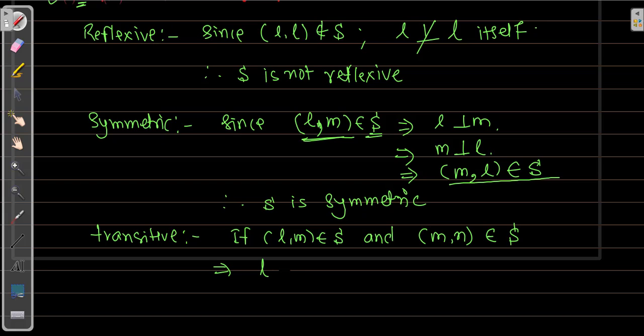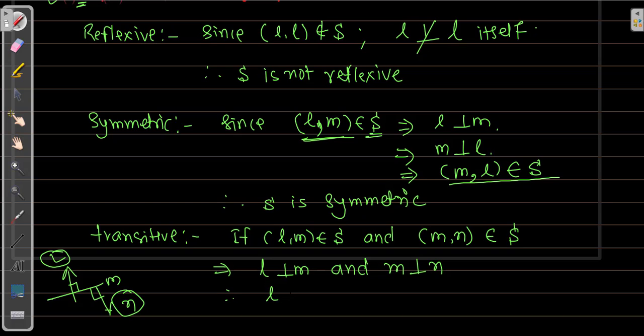It means L is perpendicular to M and the line M is perpendicular to N. Suppose this is line L which is perpendicular to M, and this is line N and M is perpendicular to N. So can I say that L is perpendicular to N? No, because line L will be parallel to line N, not perpendicular.